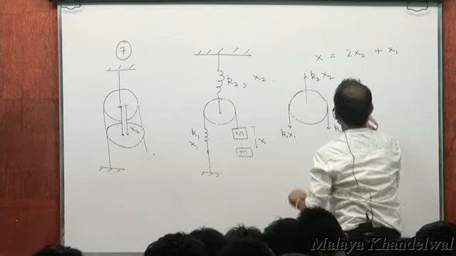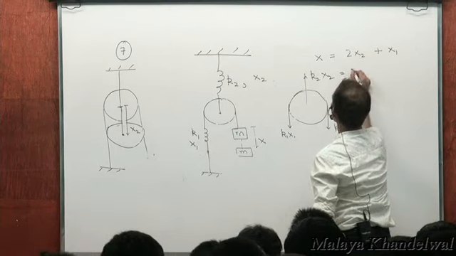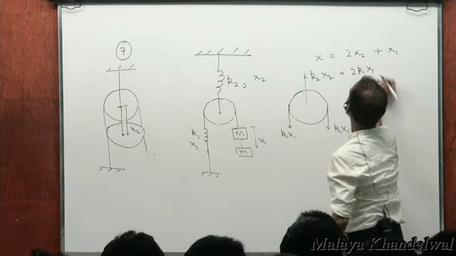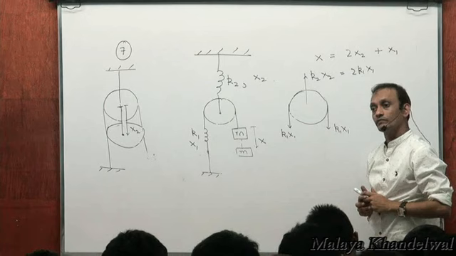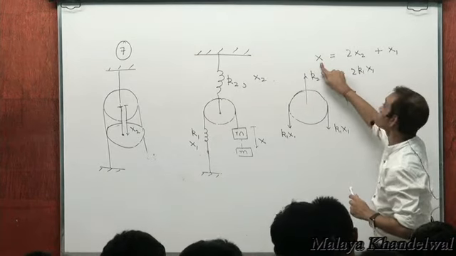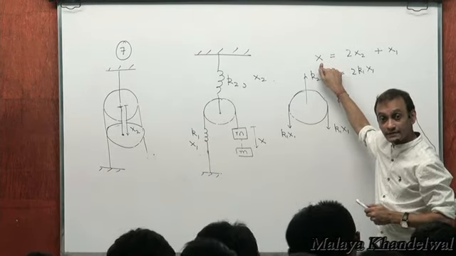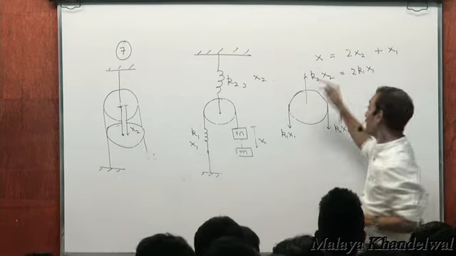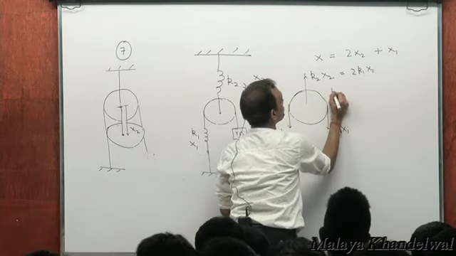So can I also say K2 x2 must be 2 K1 x1? Right? So I can solve for x1 and x2 in terms of x. And then the total energy expression would be what?